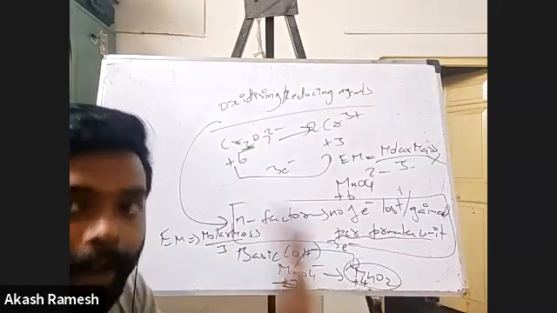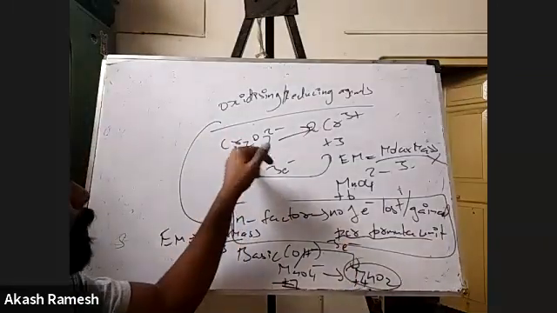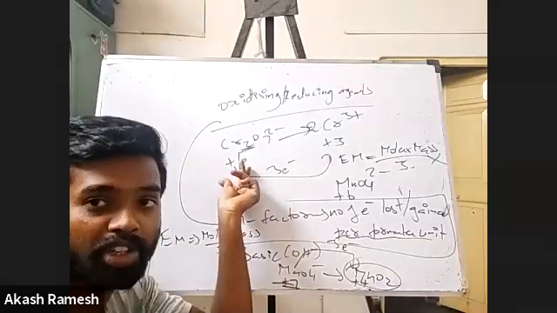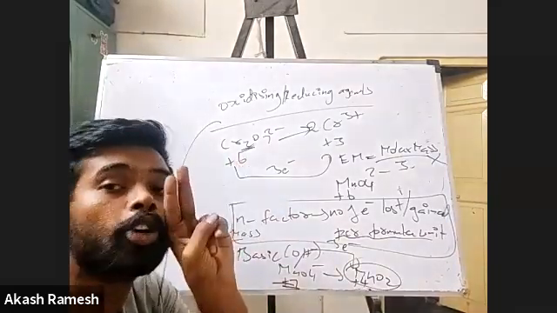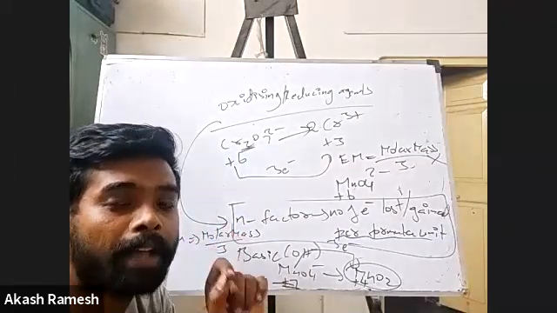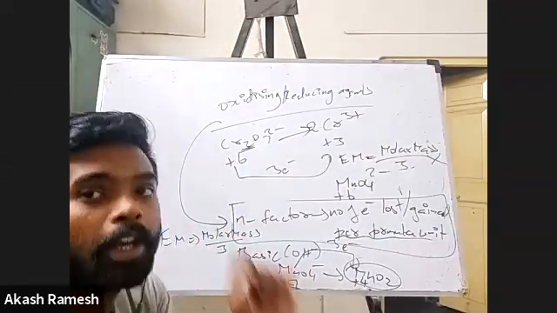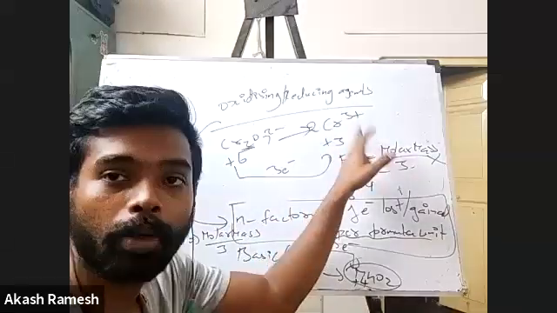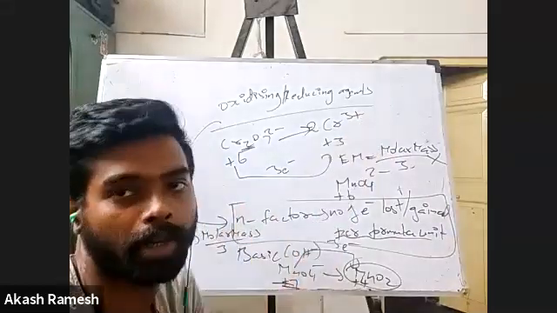Now there are 2 chromium atoms which have plus 6 oxidation number. Again, I repeat, there are 2 chromium atoms which have plus 6 oxidation number. So for one chromium 6 plus to become one chromium 3 plus, I require 3 electrons.